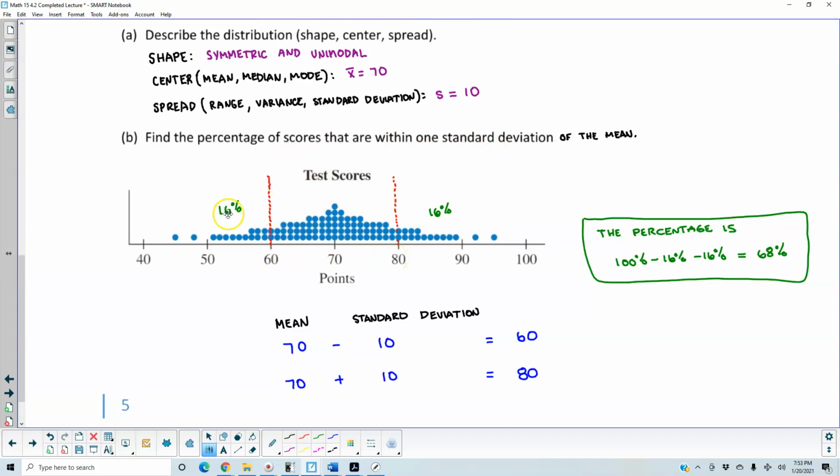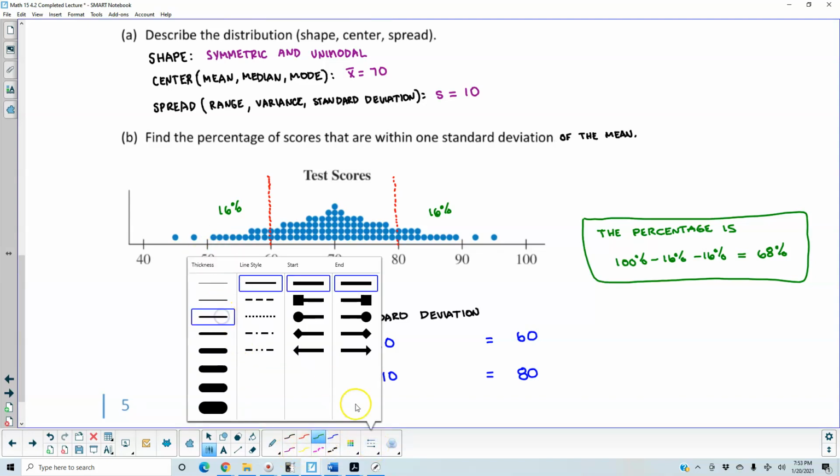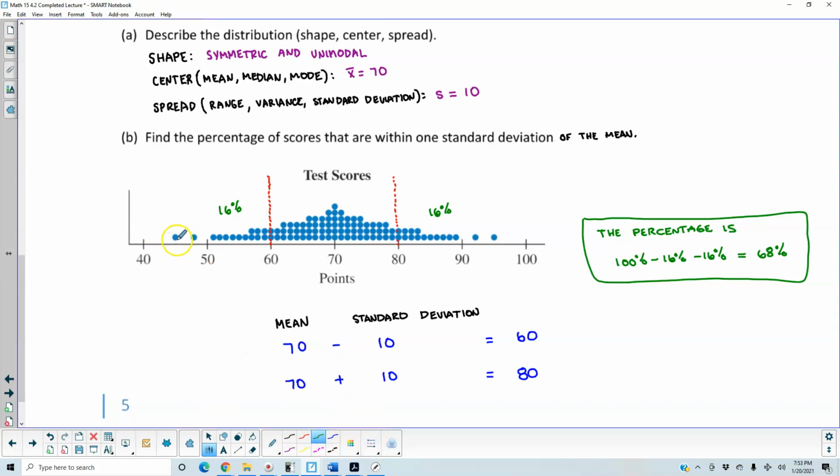So what does that tell us on the outside? Well, each one of these dots represents a percent. So if we take a look at this, we have 1, 2, 3, 4, 5, 6, 7, 8, 9, 10, 11, 12, 13, 14, 15, 16.